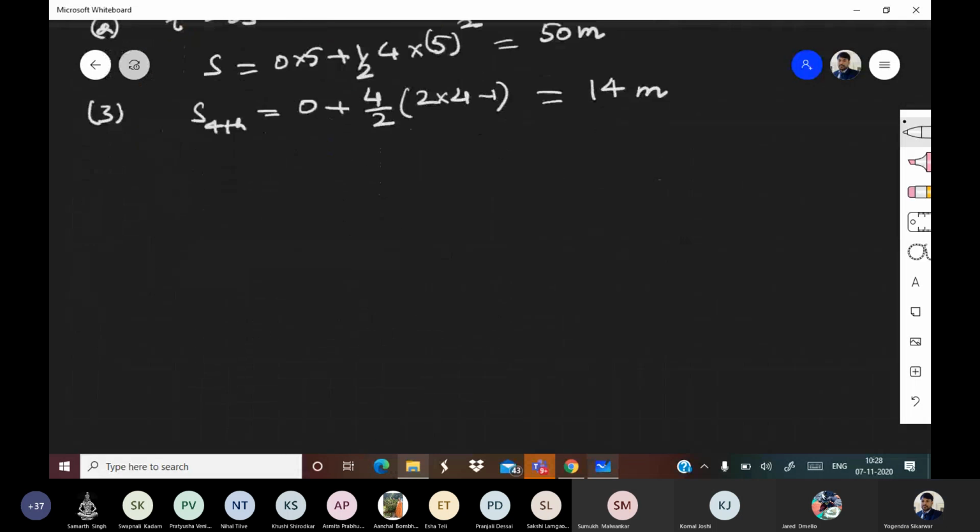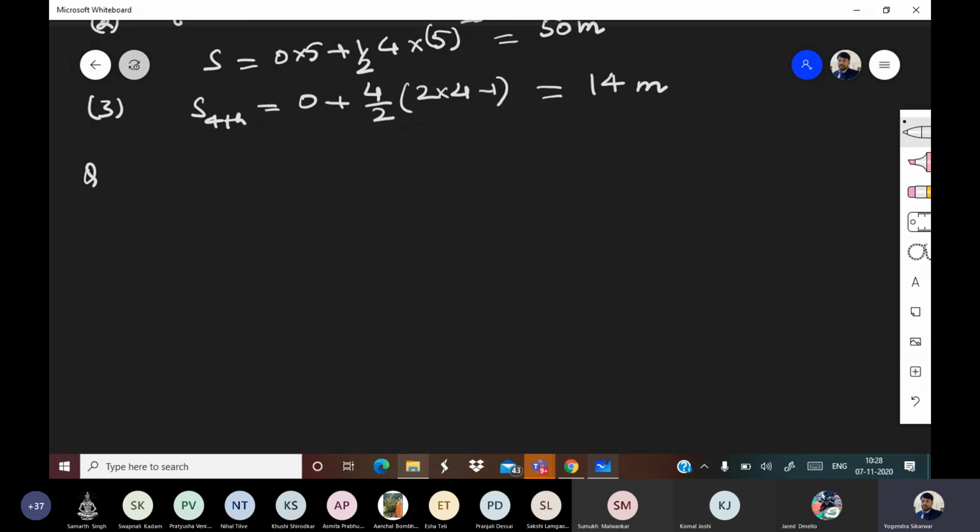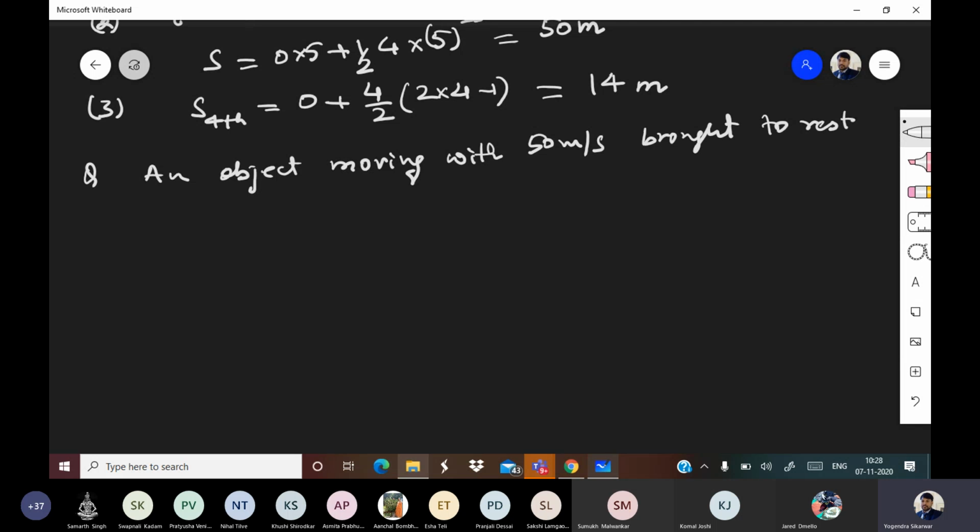Next question. An object moving with 50 meters per second is brought to rest by constant retardation. What is retardation? Negative acceleration is called retardation.